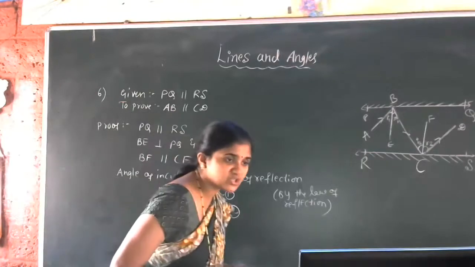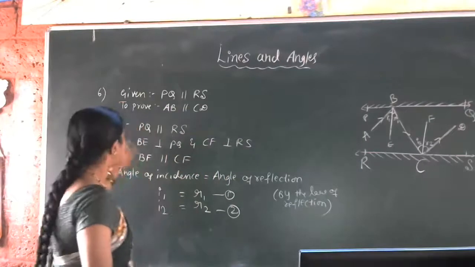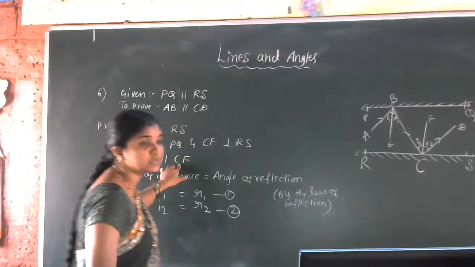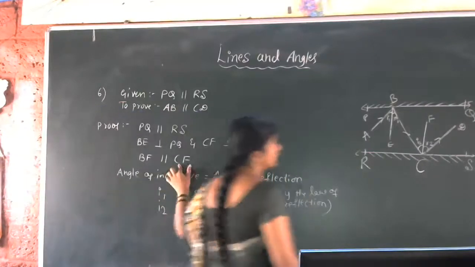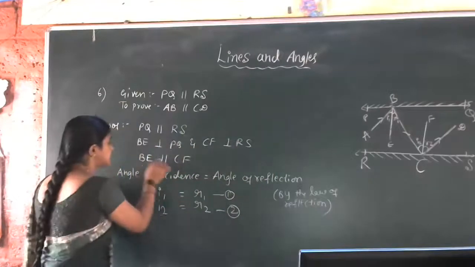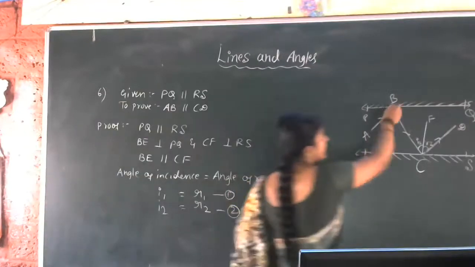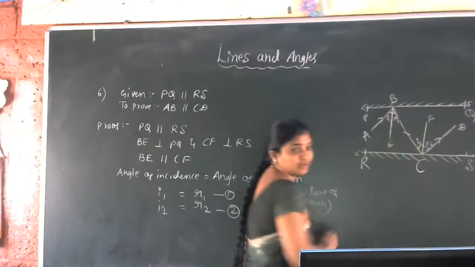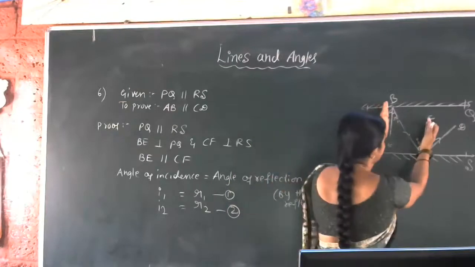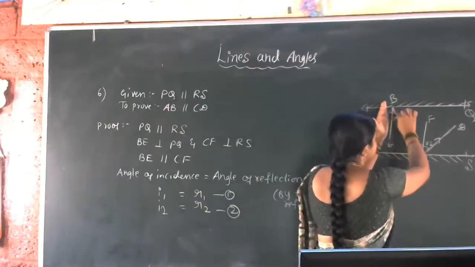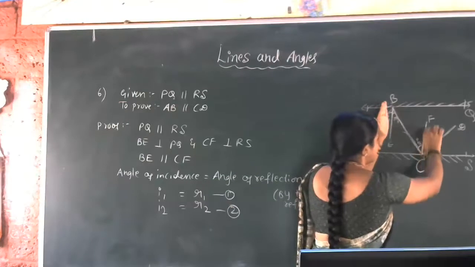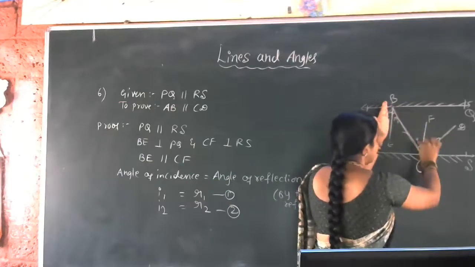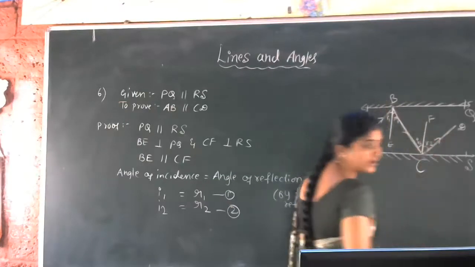Is that clear, students? Now, this line BE is parallel to the CF line. Are you observing the Z shape here? Yes, we are observing the Z shape.